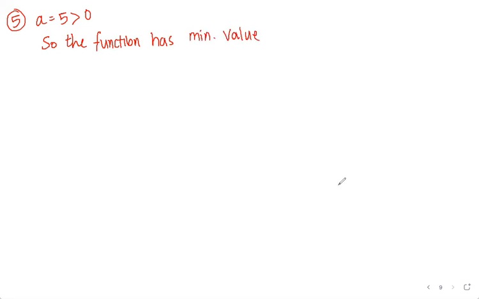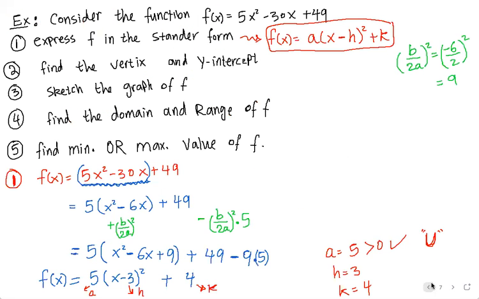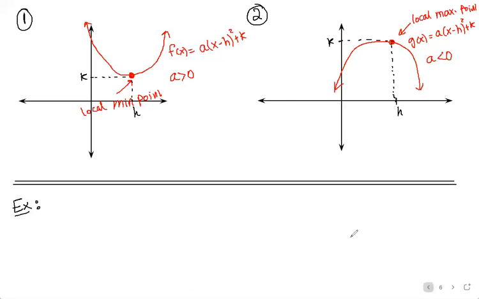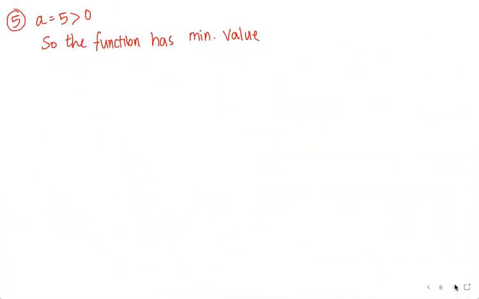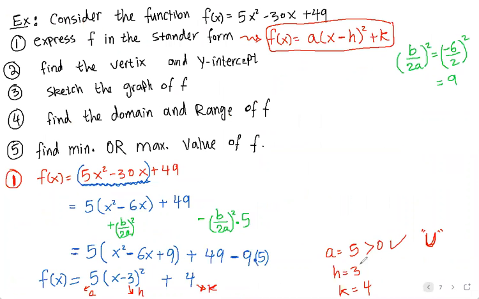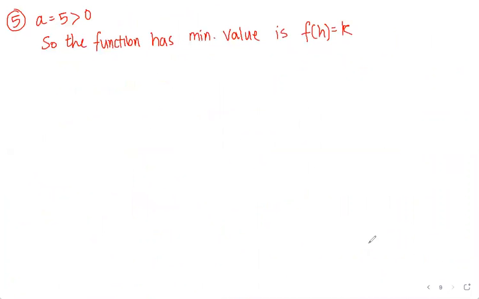And what is it? The minimum value is f of h equals k. H from here is 3 and k is 4. So it is f of 3 equals 4.